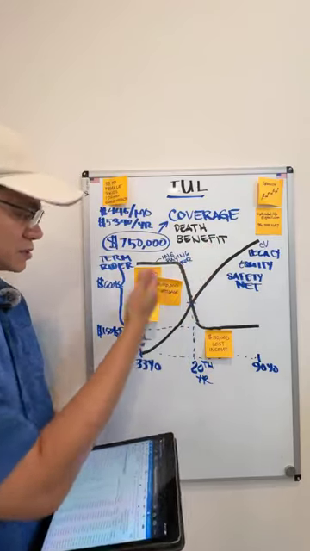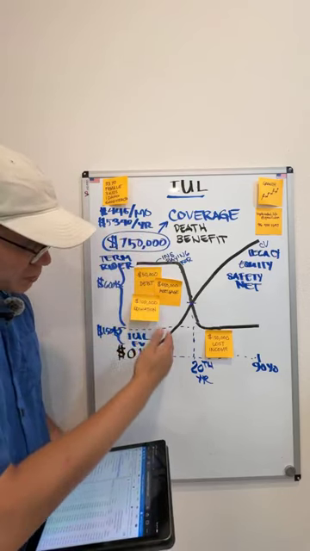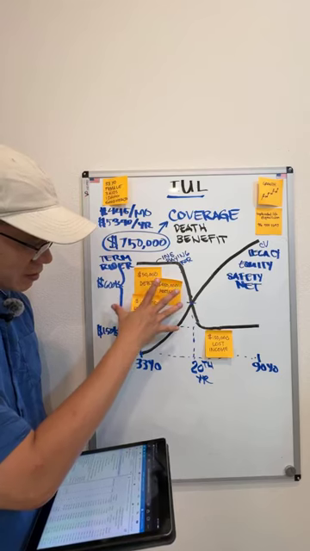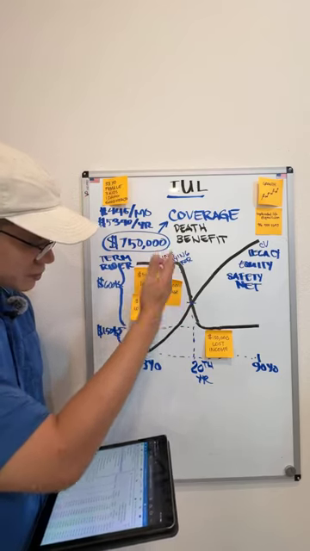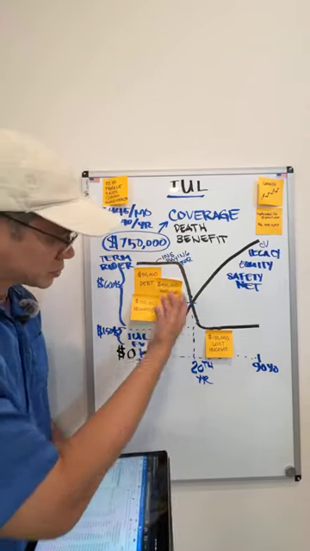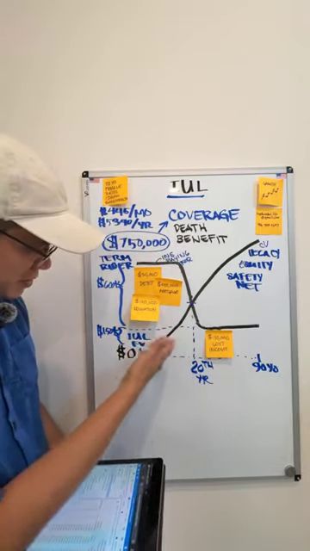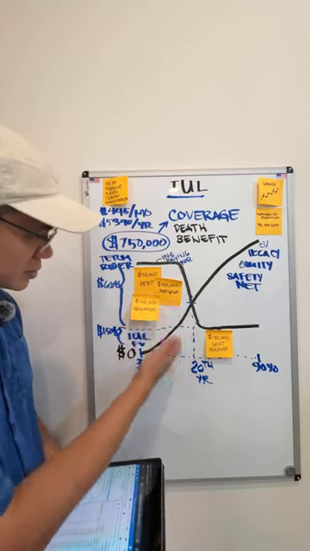Talking about living death benefits, because we set it up at $750,000, if at this point here in this area of her policy, something happens to her, if she has a chronic, critical, or terminal illness, she'll be able to take an advance of her death benefit, the total death benefit. It's not just the $150,000, but the total death benefit.